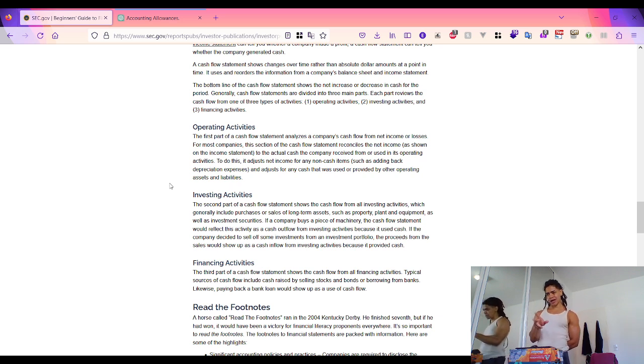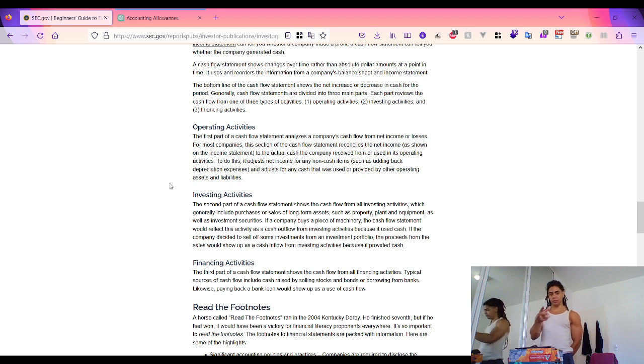These are the two ways they do this reconciliation of the net income and the actual cash the company receives from or uses in its operating activity. It adjusts the net income for non-cash items. Non-cash items are items that affect the income statement but do not involve any cash transaction.